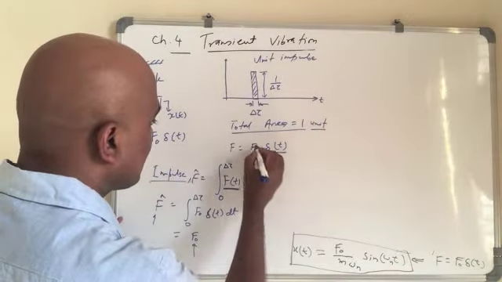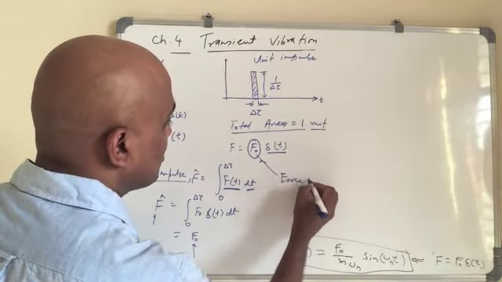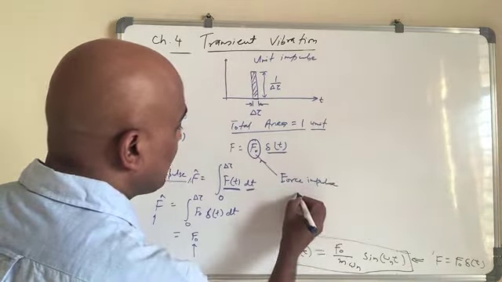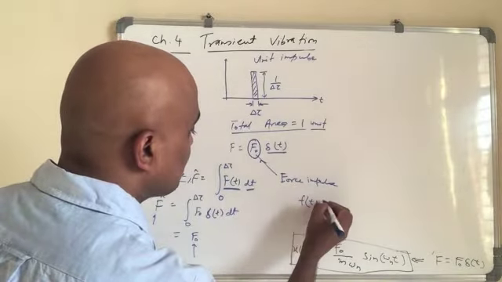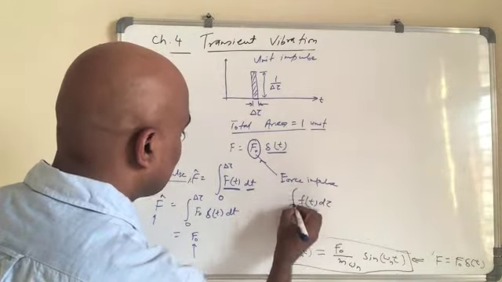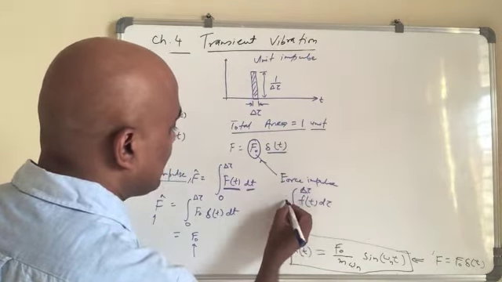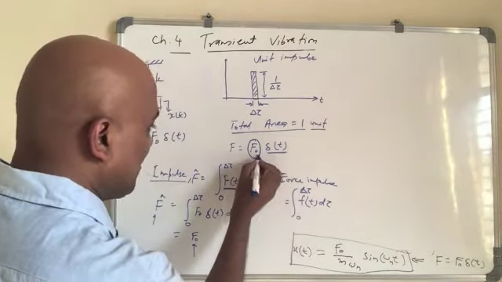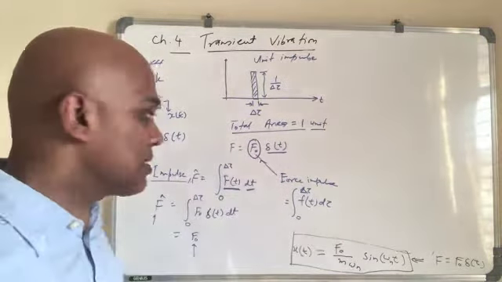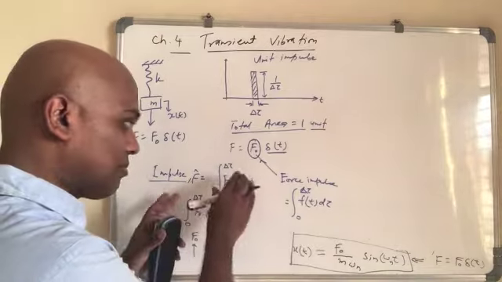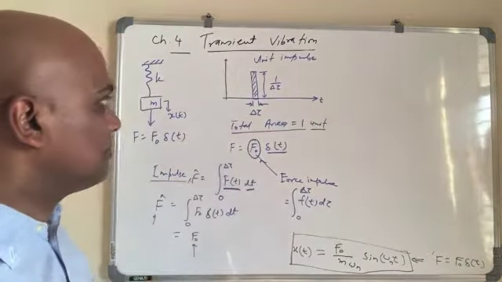So F naught is the force impulse, that means a force F(t) being applied for a small time from 0 to delta tau. F naught here is nothing but the force integrated over time. This is what the meaning of F naught is in this case.